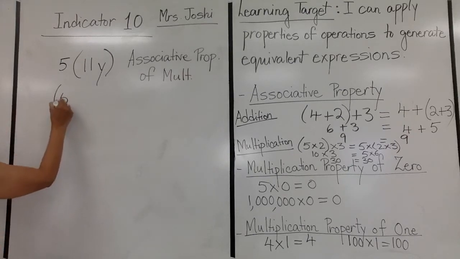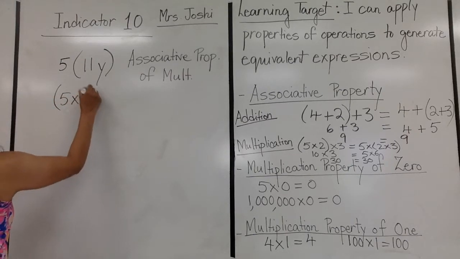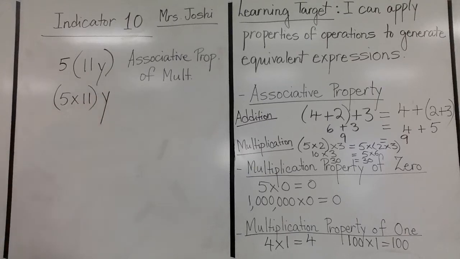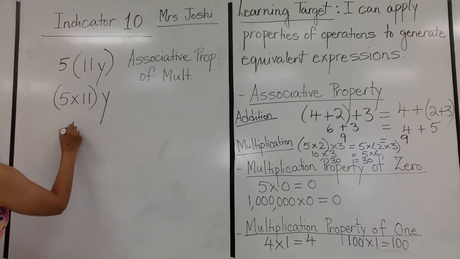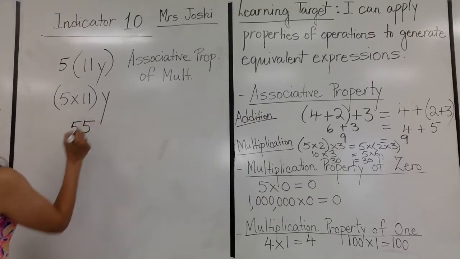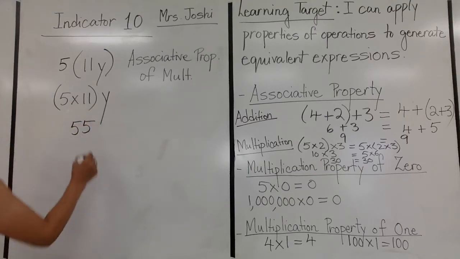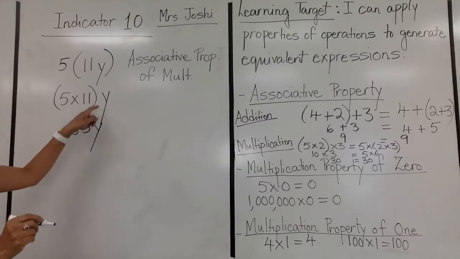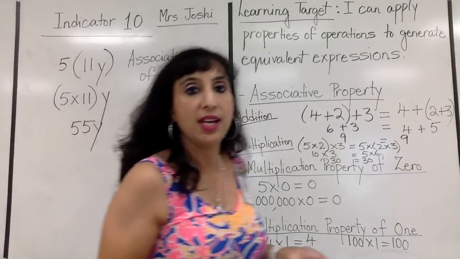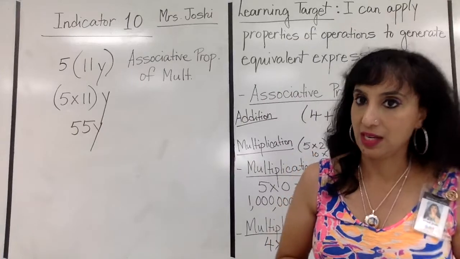So I'm going to change the grouping: 5 times 11 y. Okay, and then we know that 5 times 11 is 55, and since this is multiplication, not addition, we can do 55y, because let's say y was 10, I would be doing 55 times 10.